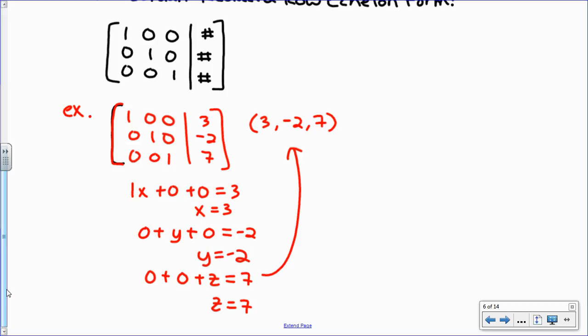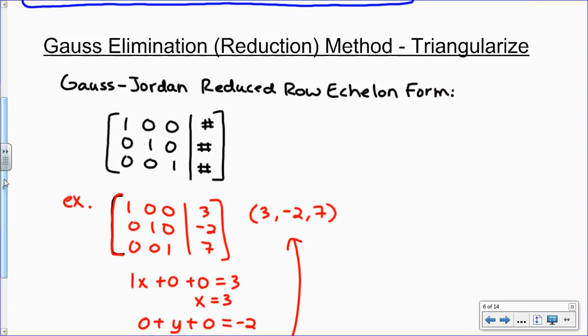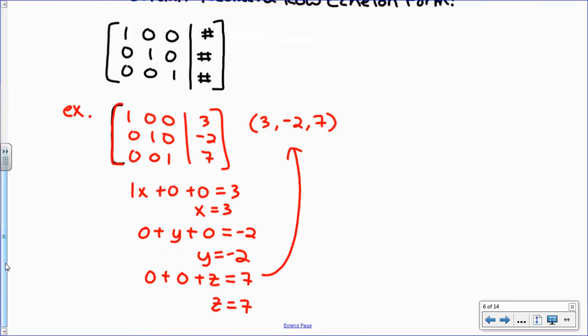Okay, so that is reducing the matrix as far as you can go. We don't have to get all the way there to find our solution. What we're going to do is this method here, we're going to triangularize. Okay, so triangularizing is part of this reduced row echelon form, but we can stop after we triangularize because we can find our solutions.